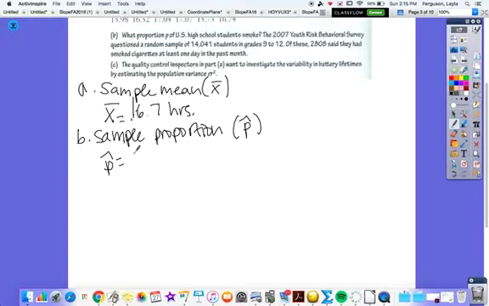Our number of successes in this case is 2,808, because a success would be having smoked a cigarette at least one day in the past month. Our total is the 14,041 students that were surveyed, so our p hat would be 2,808 over 14,041. When you work out all the math, that gives you 0.2.